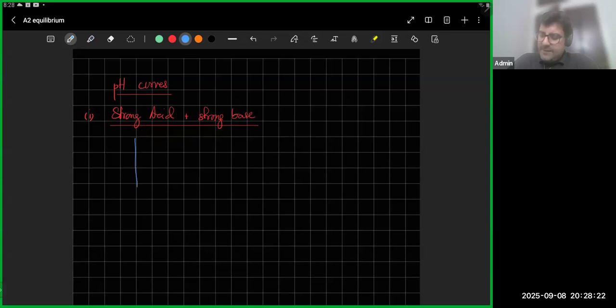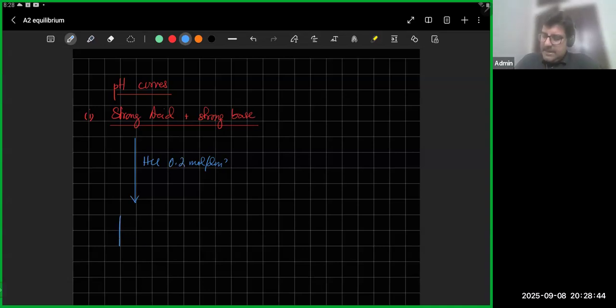So for example, I've got a burette and it has HCl in it, and that HCl is 0.1 mole per dm cube. Let's make it 0.2 mole per dm cube.